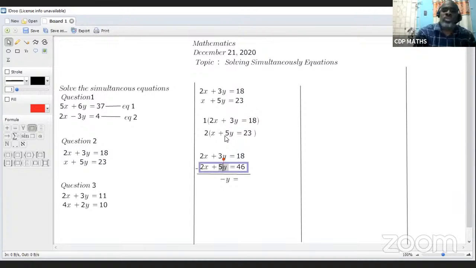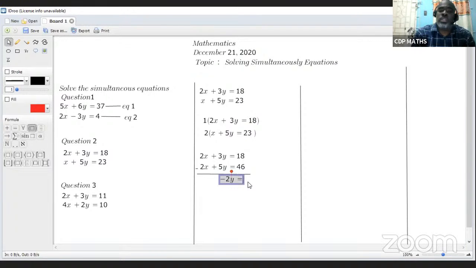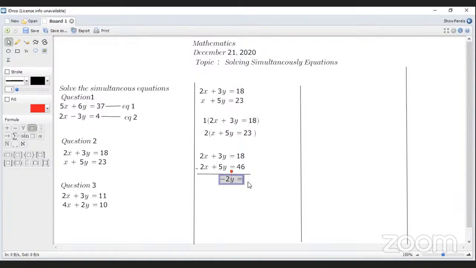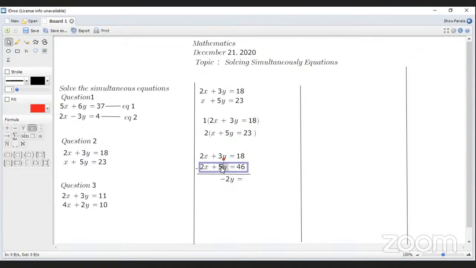Remember I'm doing question number 2. So if you multiply 5y by 2, you're supposed to have 10y, and if you subtract 10y from 3y, you end up with negative 7y.